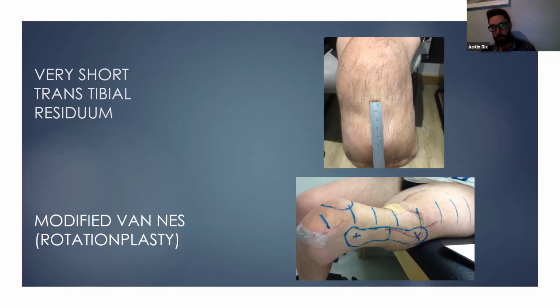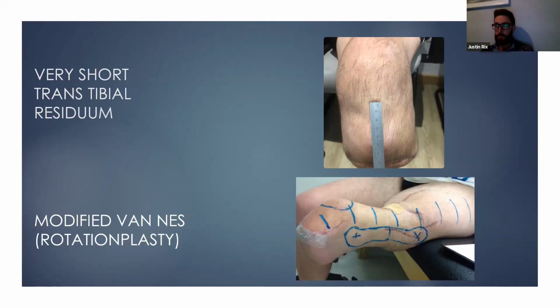Maritz and I had a chat about whether we should go for a through-knee, because he was worried that if he was going to take off a few centimeters of the distal end, because there's already a short residuum, we'd have issues with suspending the socket. In this particular case, we suggested that he sticks with the below-knee stump and not go through to through-knee, which he's fitted quite successfully. Unfortunately, due to the COVID situation, the gentleman picked up an extra 26 kgs and the socket no longer fits. So not an ideal case.